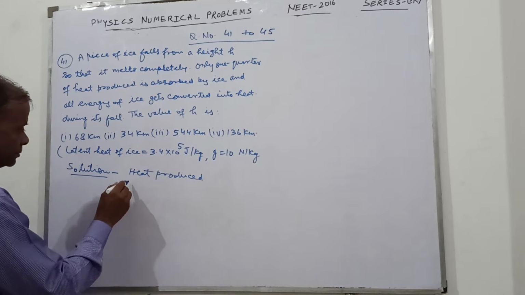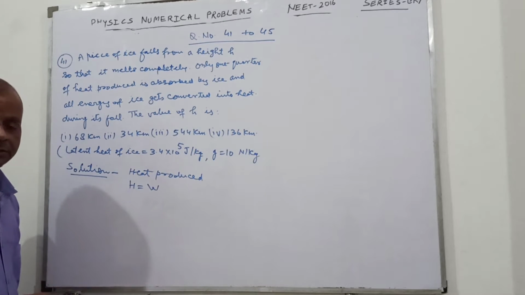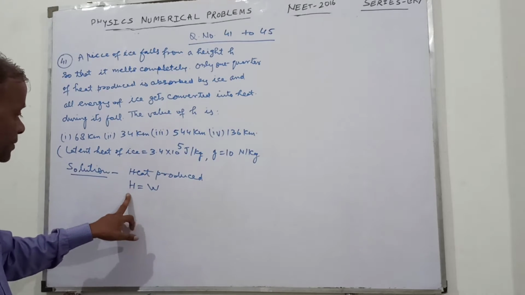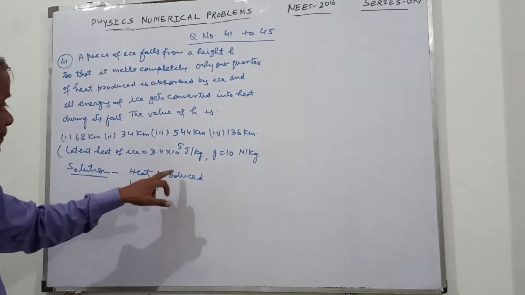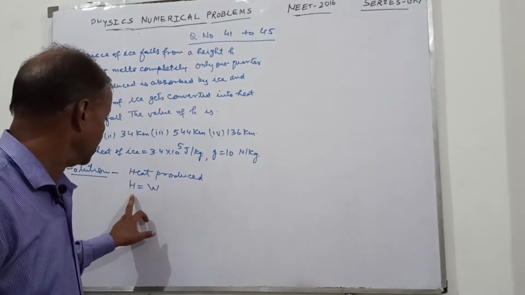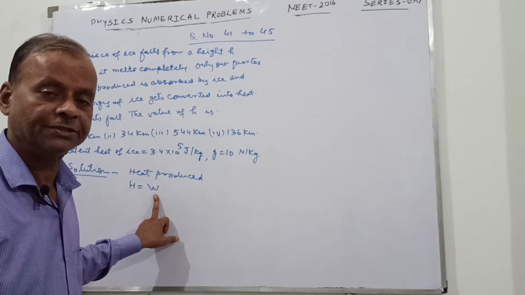Heat produced H equal to W. Since this heat is given in joule, so we take H equal to W. If this were being given in calories, then H equal to W upon J. This we have to take as the relation.